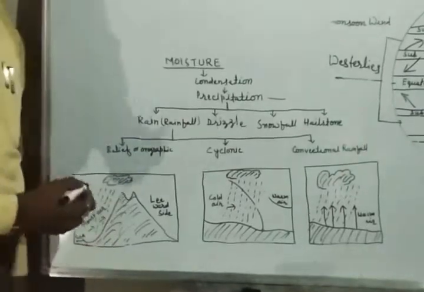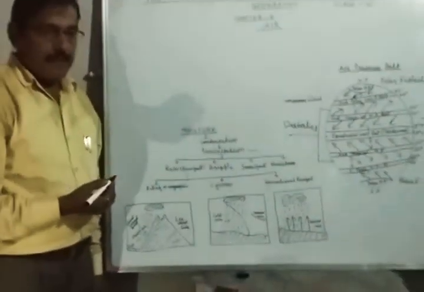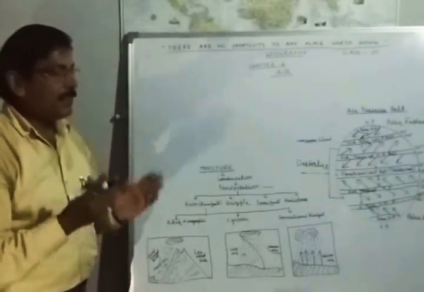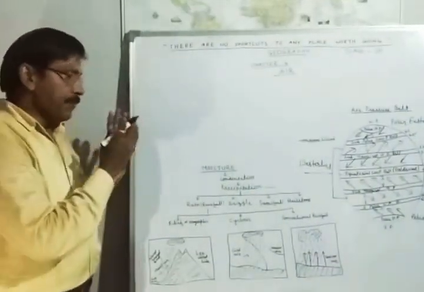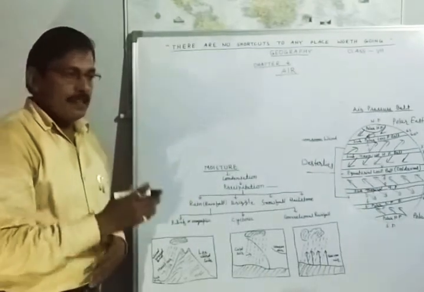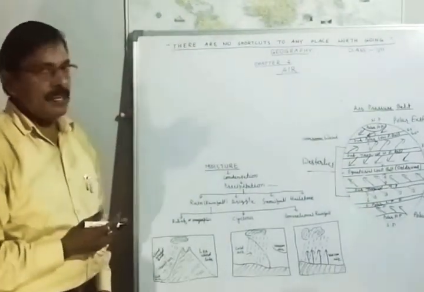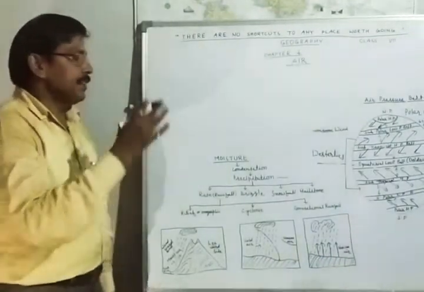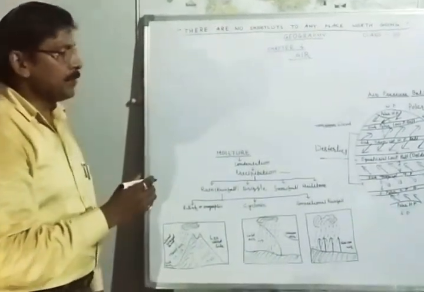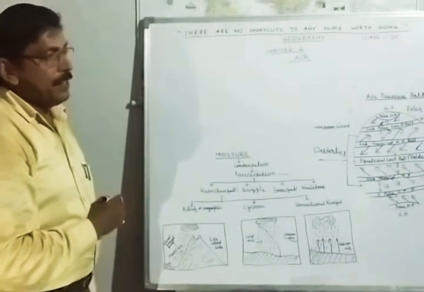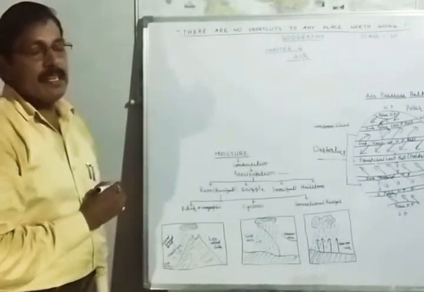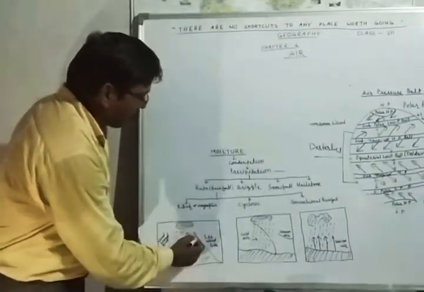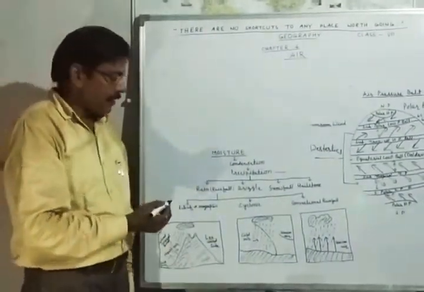For example, in our country India, the southwest monsoon coming from the Arabian Sea brings moisture, and meeting the barrier of the Western Ghat mountains, it rises up and is forced to rain in the western coastal area, Mumbai, Goa, Karnataka, Kerala, and this is why this area receives more rainfall. But the back side of the mountain, in Pune, receives very little rainfall.